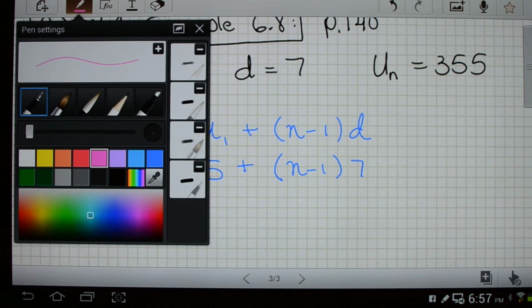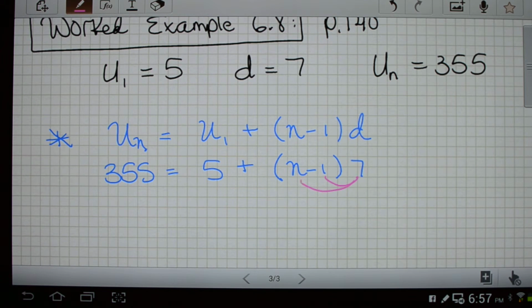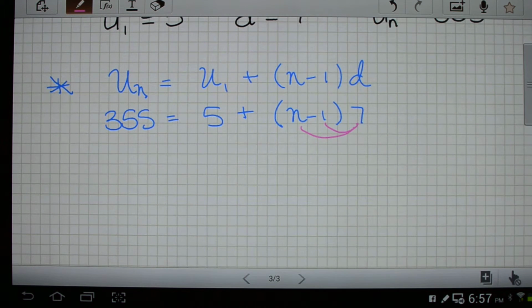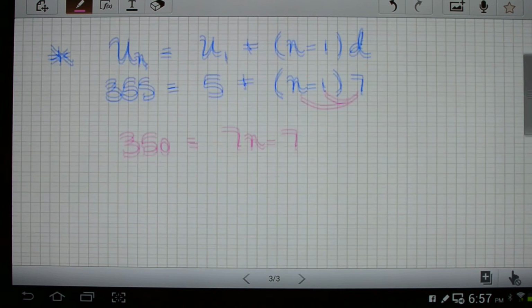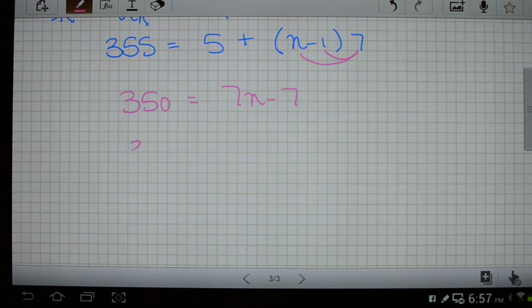Now you're going to distribute into the parentheses, and you get essentially 350 equals 7n minus 7. 357 equals 7n. And when you do that division, you get n equals 51.